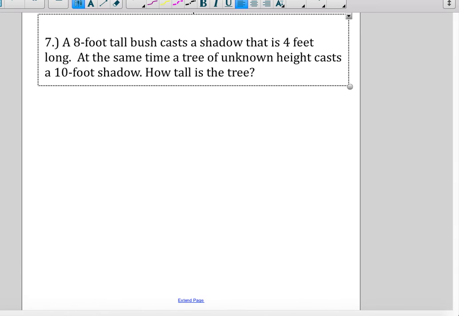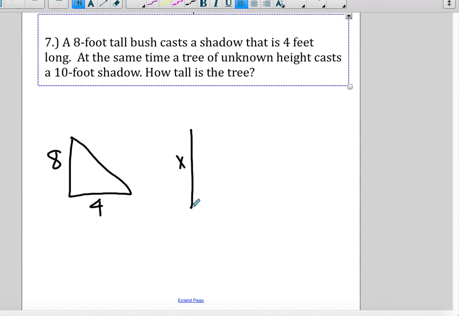Let's go ahead and look at number 7. So an 8-foot tall bush casts a 4-foot shadow. So an 8-foot tall bush that has a 4-foot shadow. At the same time, a tree of an unknown height casts a 10-foot shadow.